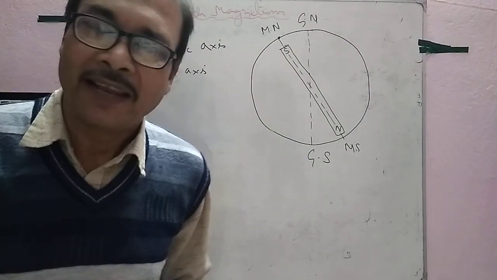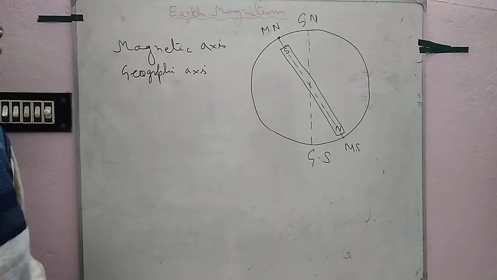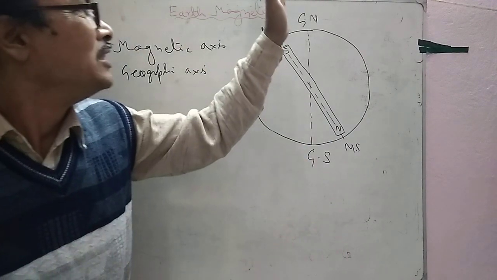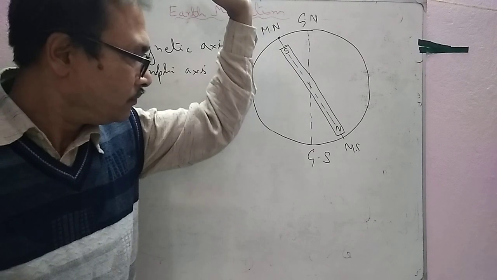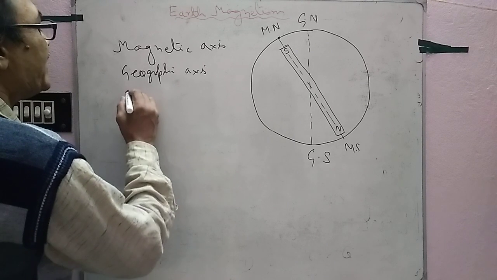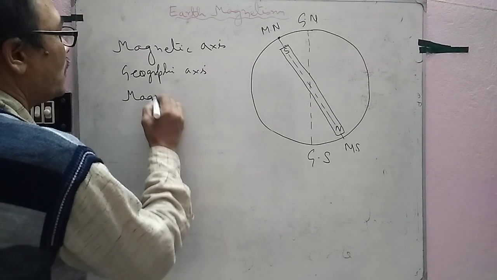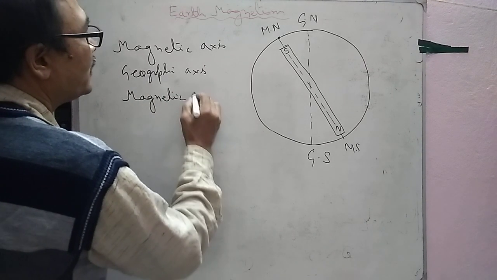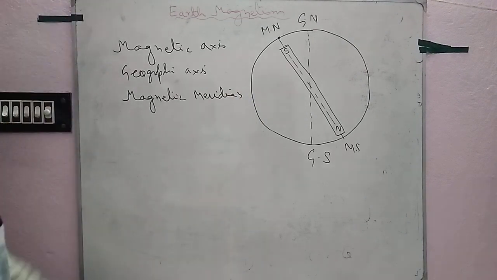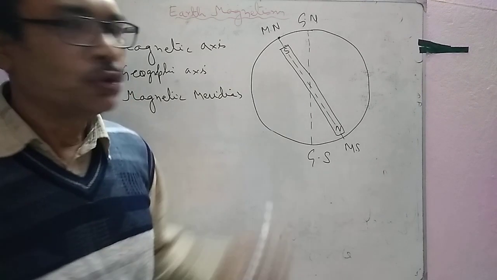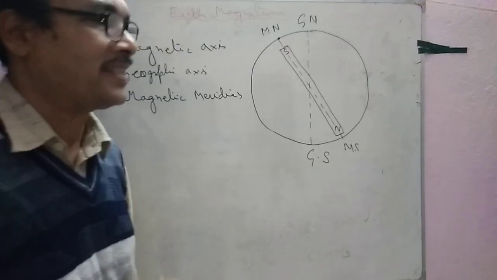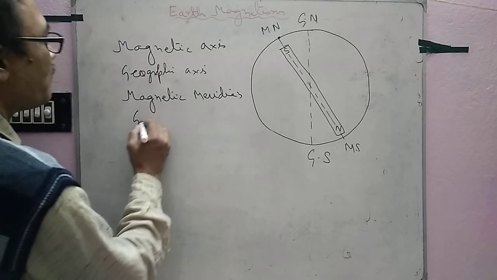There is an angle. If we draw a vertical plane through the magnetic axis, that plane is called the magnetic meridian. Similarly, a vertical plane drawn through the geographical north and geographical south, that is the geographic axis, is called the geographic meridian.